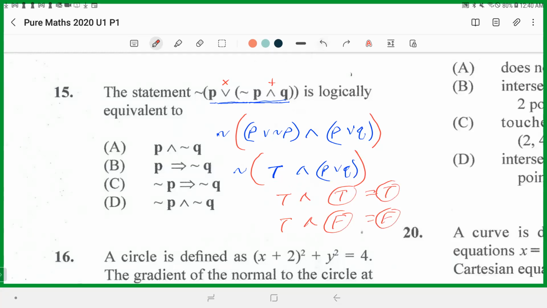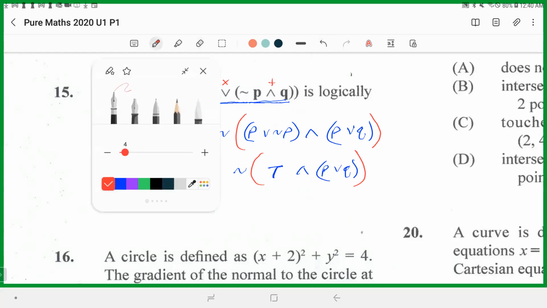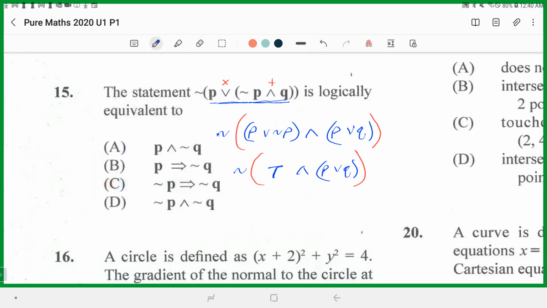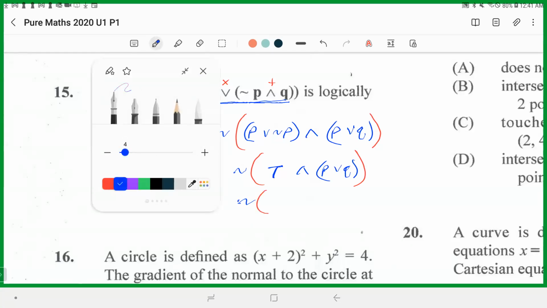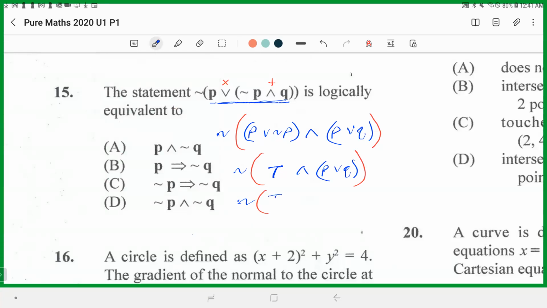So I can just write that. So this becomes, not, I'm going to put back that bracket in red. Then I call this propositional algebra, something like that.